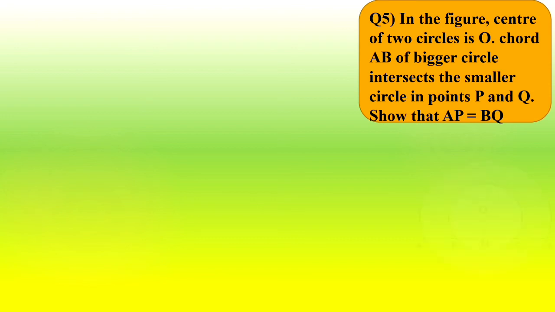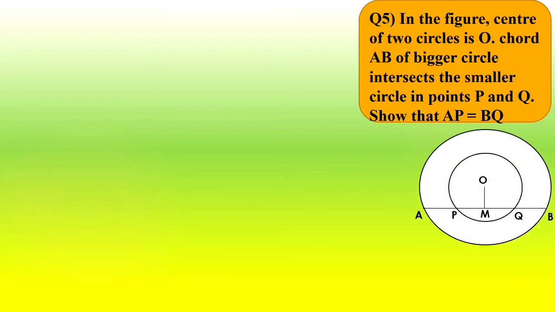Now question number 5. In the figure, center of the two circles is O. Chord AB of a bigger circle intersects the smaller circle in points P and Q. Show that AP is equal to BQ. Proof.